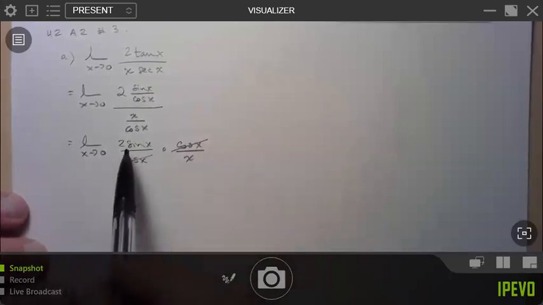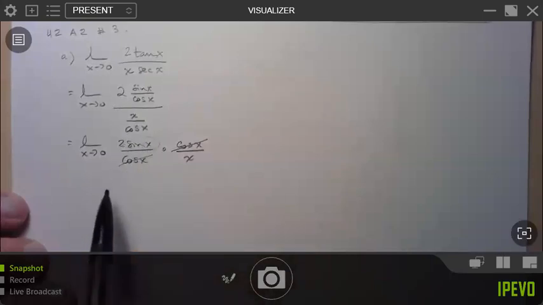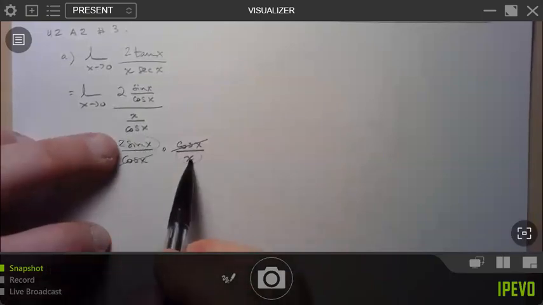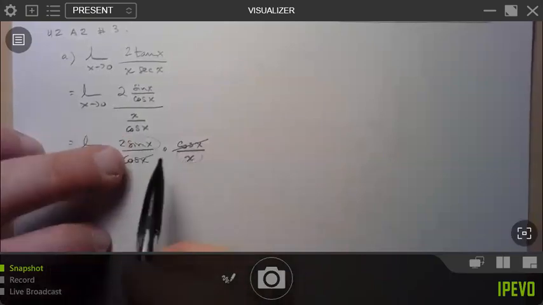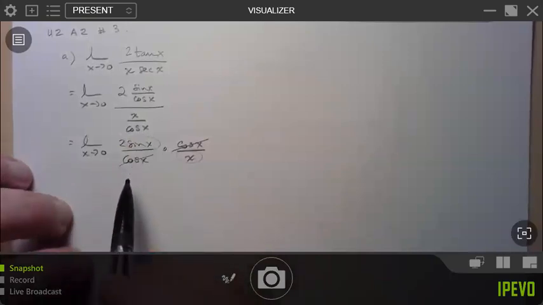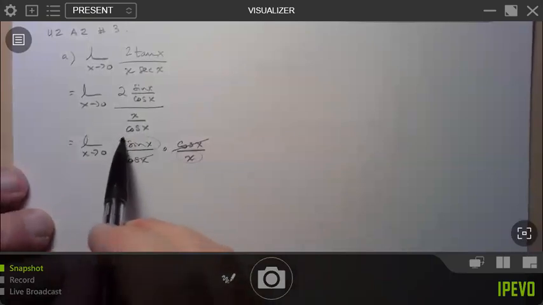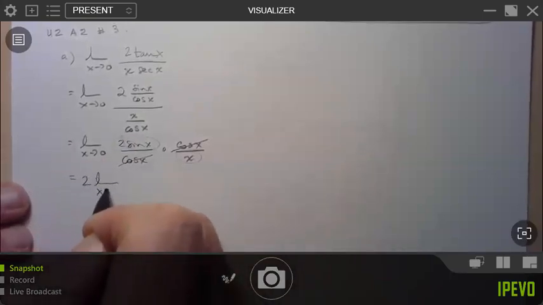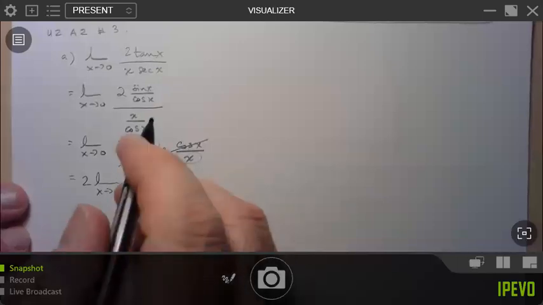What I also notice is that I've got a sine x in the numerator and an x in the denominator. And I know what the limit of sine x over x is as x approaches 0. So A, I know it exists. That means this constant can be taken out of the limit. And what am I left with in the limit?